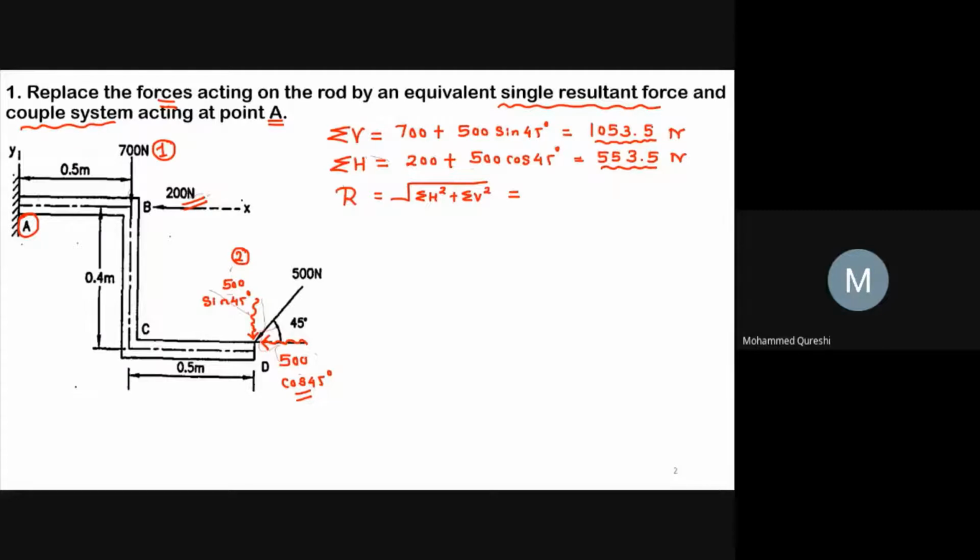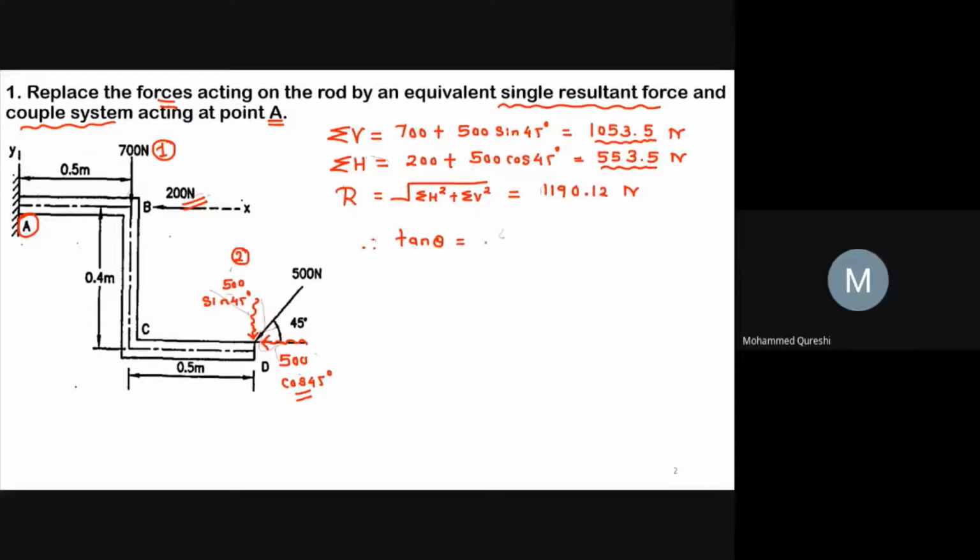So here you will get the value of capital R as 1190.12 Newton.